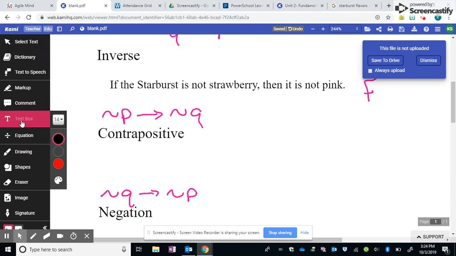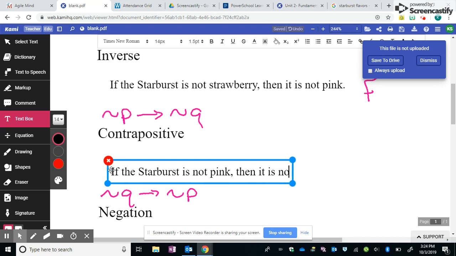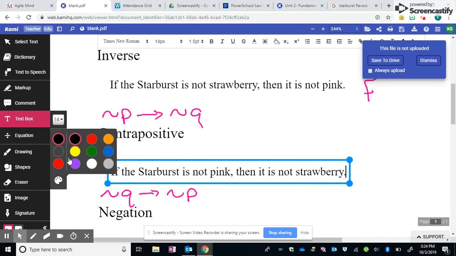So it would say, if the starburst is not pink, then it is not strawberry. Which, of course, is true if you have a red starburst, it's cherry. But we all know strawberry is the best flavor.